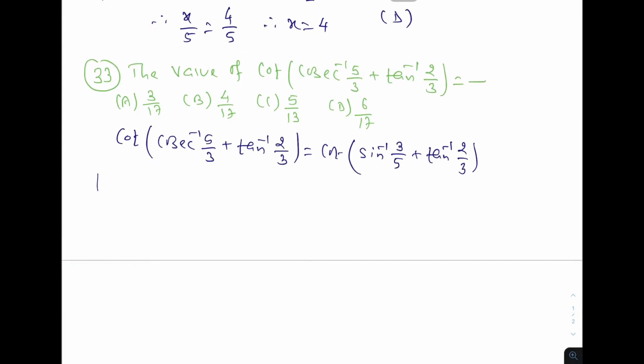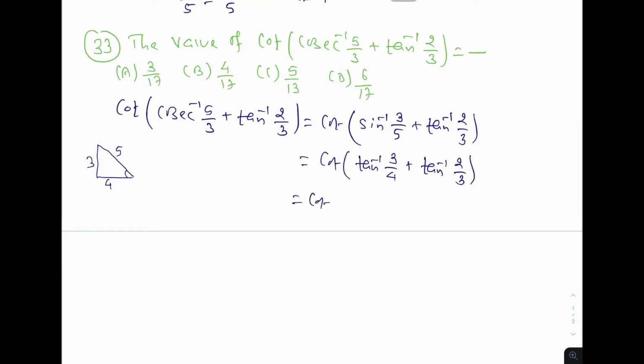But we can convert sine inverse in terms of tan inverse. So this is sine inverse with sides 3, 5, and this one is 4. So cot of tan inverse 3 by 4 plus tan inverse 2 by 3.